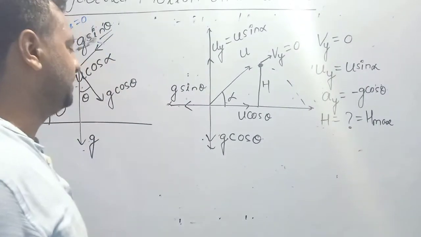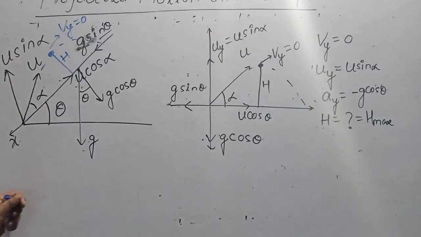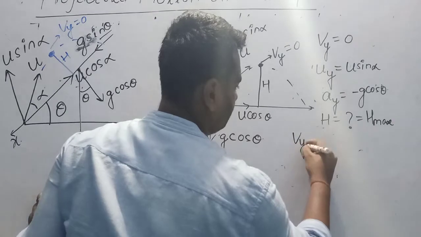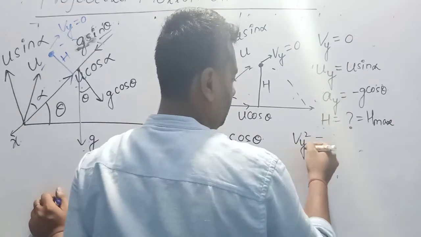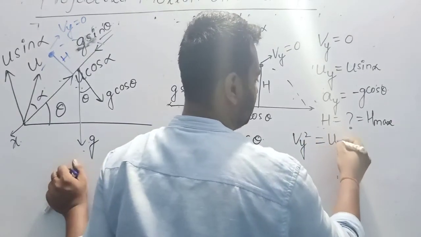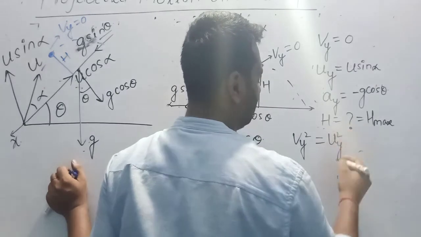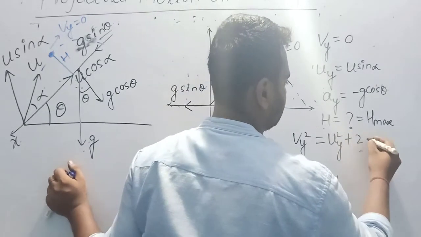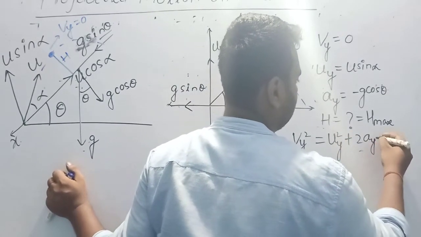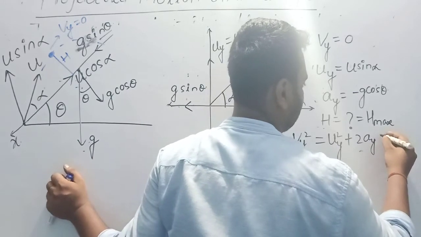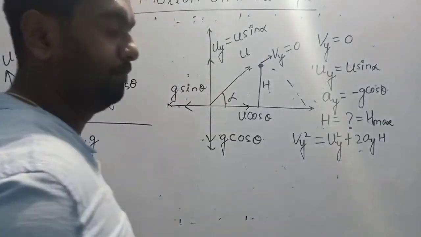Which equation can we use? Simply: y component of final velocity whole square equals initial velocity y component whole square, plus 2 times acceleration y component times the maximum height, or s, or h.